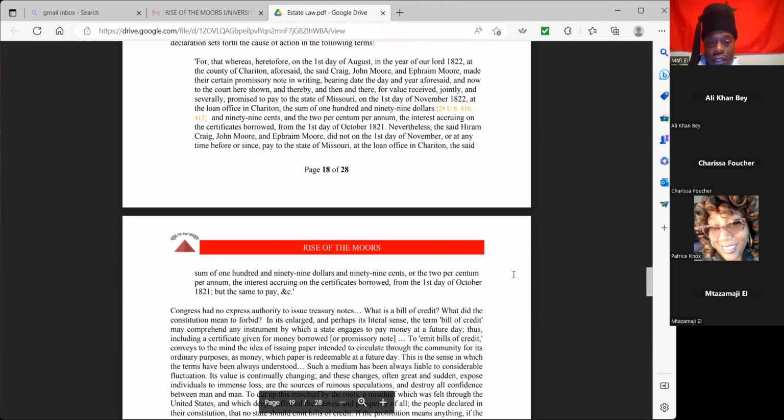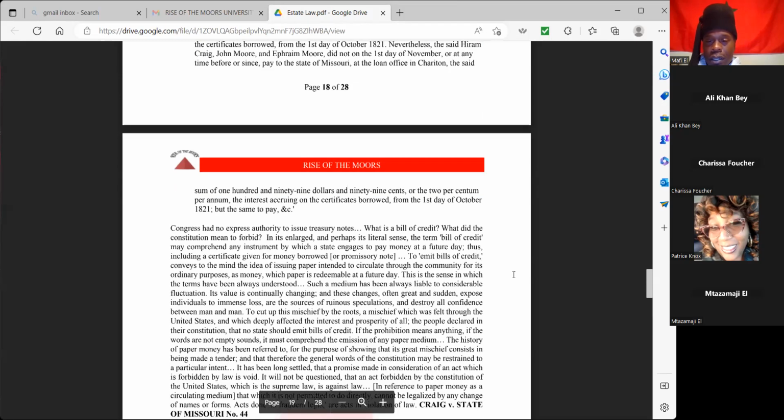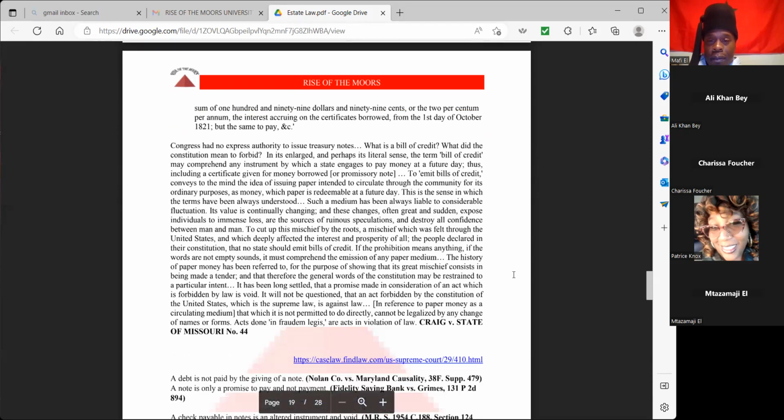Congress had no express authority to issue treasury notes. What is a bill? What is a bill of credit? Did the Constitution mean to forbid, in its enlarged and perhaps its literal sense, the term bill of credit, which may comprehend any instrument by which a state engages to pay money at a future date, thus including a certificate given for money borrowed or a promissory note?